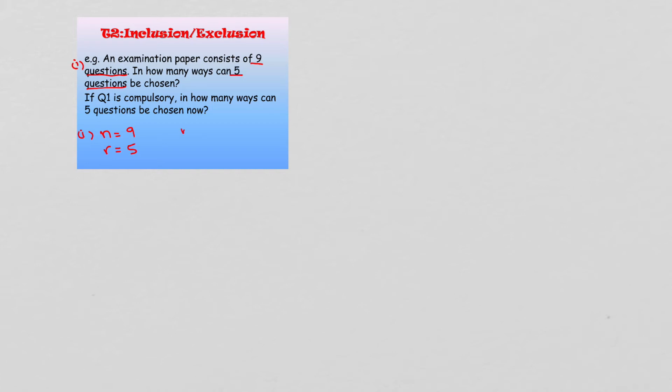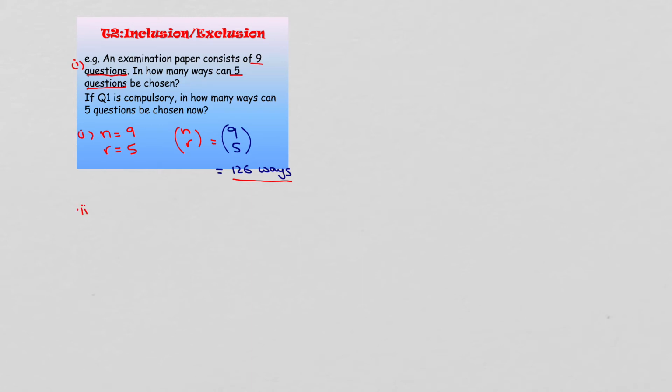So nCr equals 9 choose 5, which gives 126. There are 126 ways of selecting 5 questions from 9 in an exam paper.